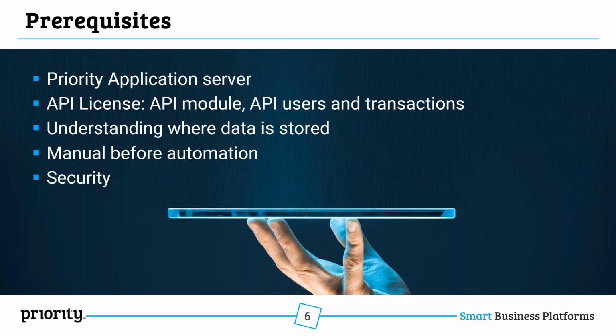You will have to specify the relevant processes. For each process you want to integrate with Priority, you will have to identify key data that should be transferred from and to Priority, and of course which forms participate in the integration.